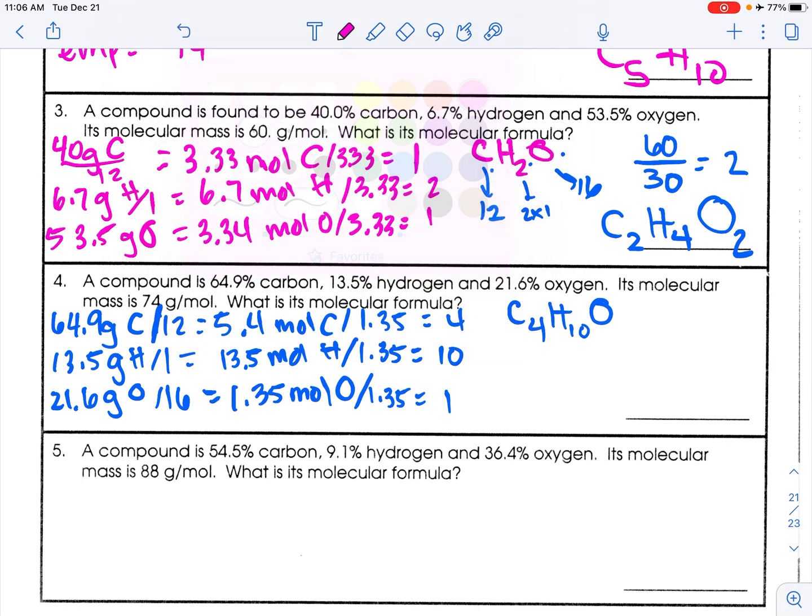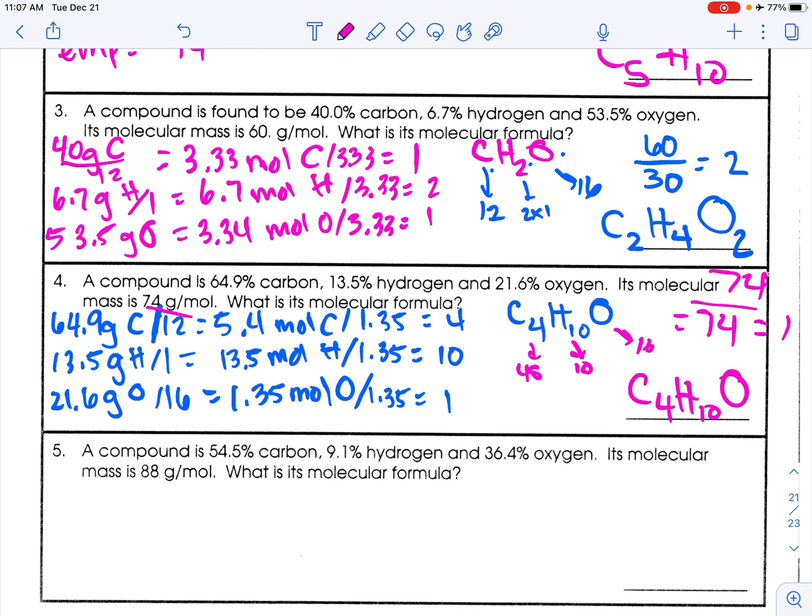So 4 times 12, and remember the GFM for carbon is found on the reference table. 48, 4 times 12, 10 times 1 is 10, and this is just a 16. So 48 plus 10 plus 16 is 74. So my empirical GFM is 74, but my molecular GFM is also 74, which means this multiple is just a multiple of 1, which means it's the same thing. I wrote a 2 and I shouldn't have. So it's C4H10O1, which I don't write the 1.